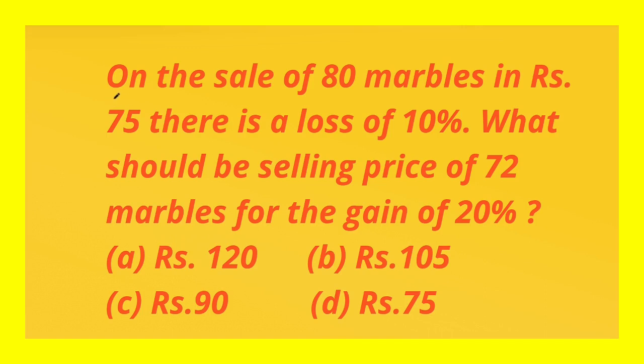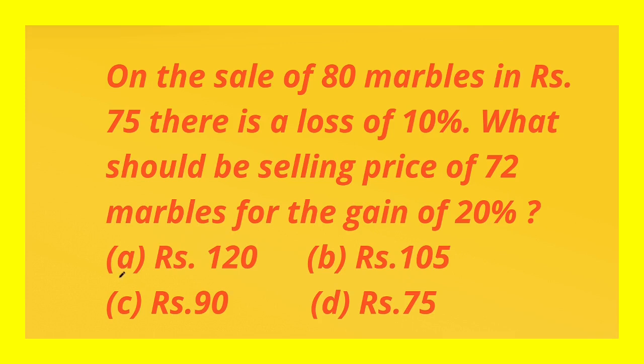We go to the next question. Our question is, on the sale of 80 marbles for rupees 75, there is a loss of 10%. What should be the selling price of 72 marbles for a gain of 20%?